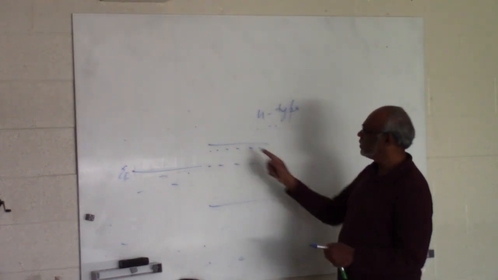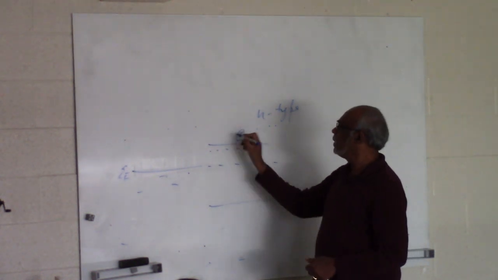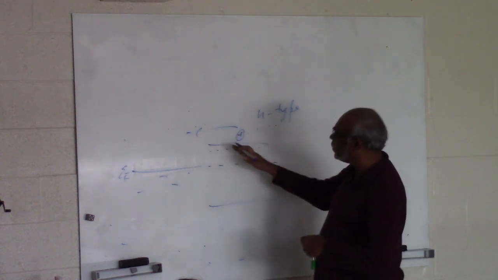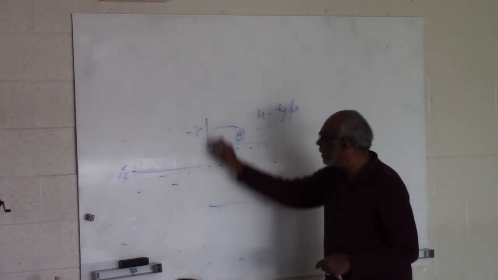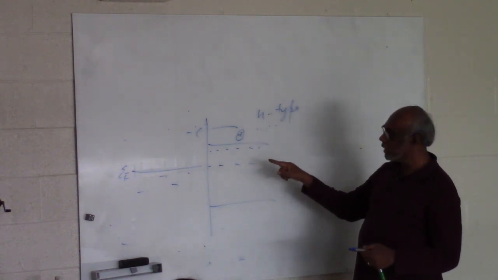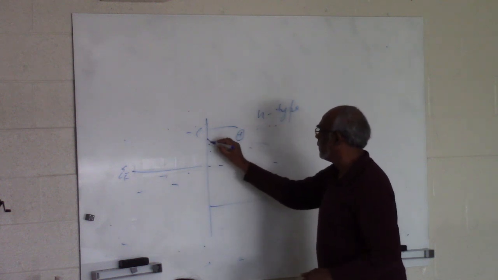So now this will become positively charged, so you have an electric field in this direction. That means this one should bend so that your slope is negative. Slope negative means something like this.